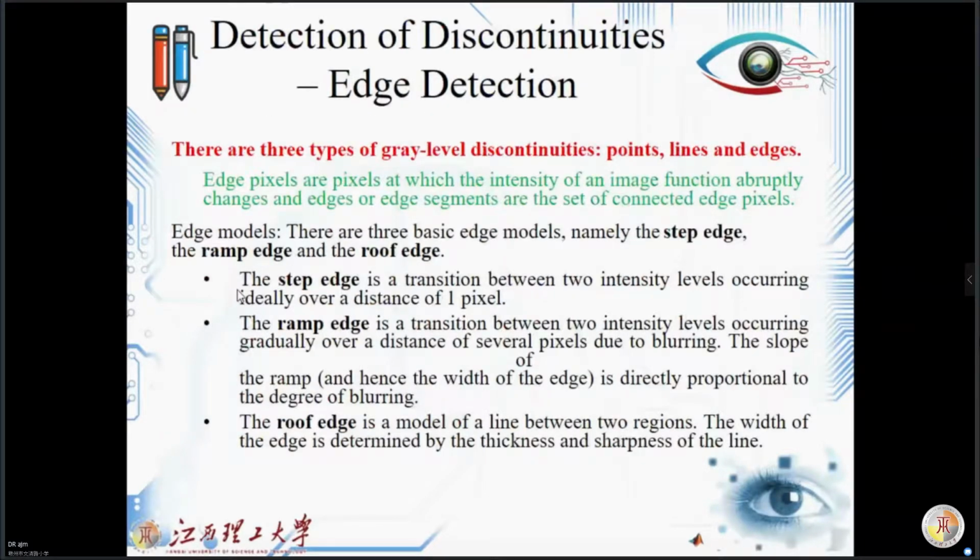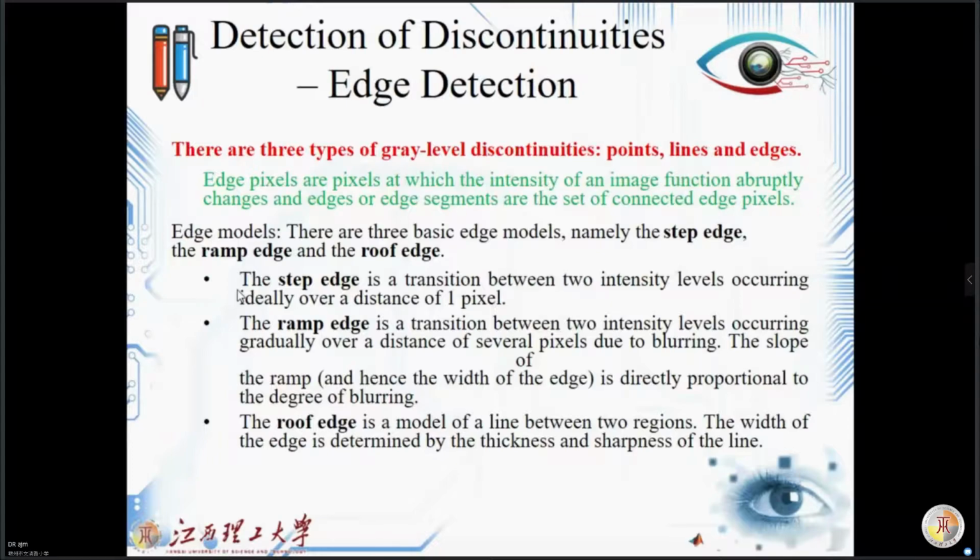There are three types of gray level discontinuities: point, line, and edge. Edge pixels are pixels at which the intensity of an image function abruptly changes, and edges or edge segments are sets of connected edge pixels.